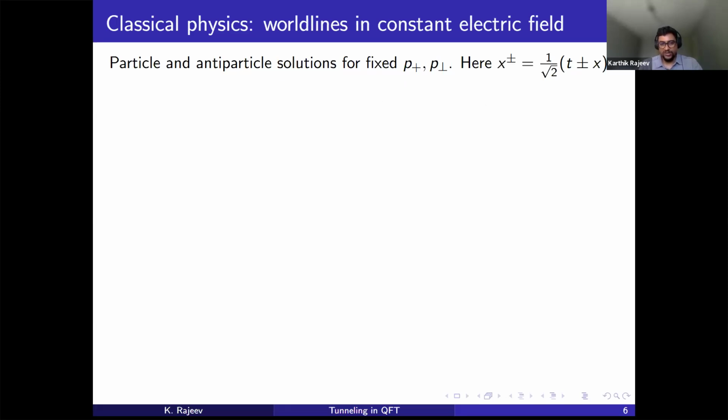Let's say we are interested in the particle or antiparticle solutions corresponding to some fixed momenta, p plus and p perp. Perp is the component perpendicular to the electric field. In this case, it is taken to be along the x direction. Since nothing interesting happens along the perp direction, I'm just showing the minus component of the solution. So it takes this very simple form.